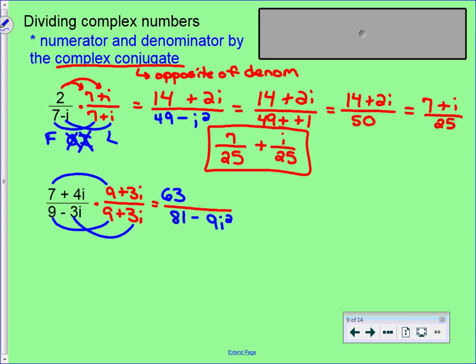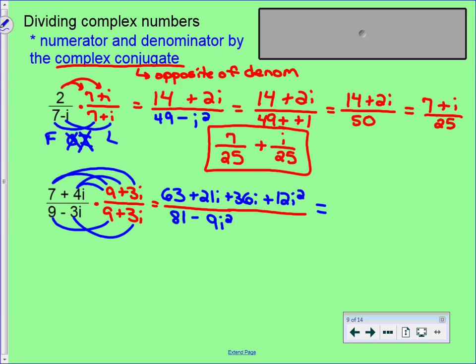9 times 7 gets you your 63. 7 times 3i gets you a 21i. You now have a 4i times 9, which gives you a 36i. And last but not least, 4i times 3i gets you a 12i squared. Now our goal here is, again, to simplify this into its lowest terms by combining our like terms.